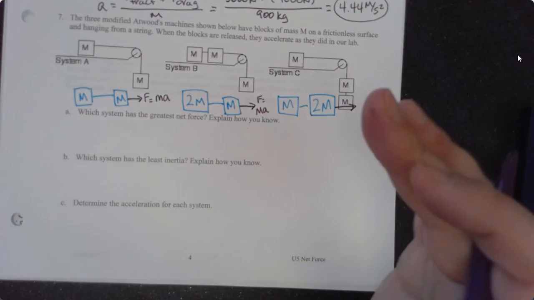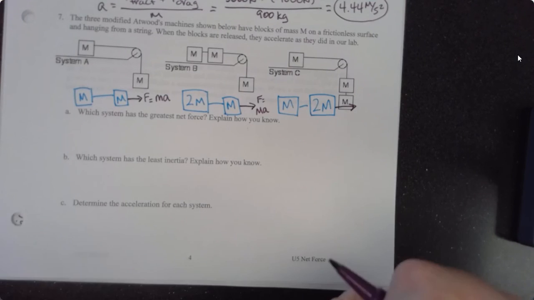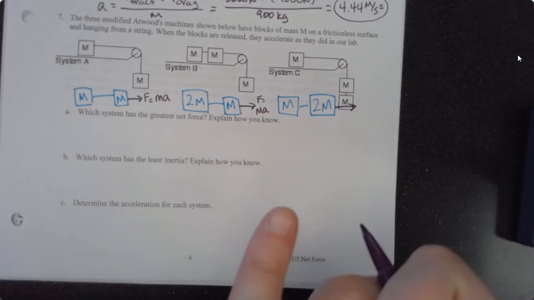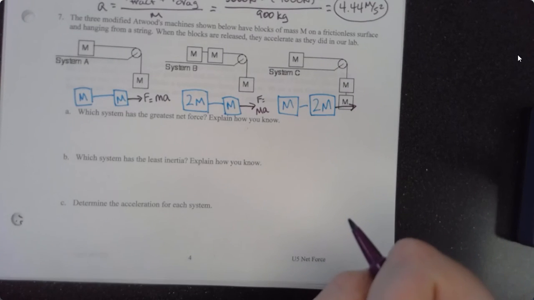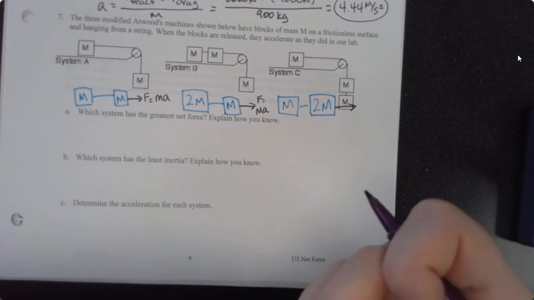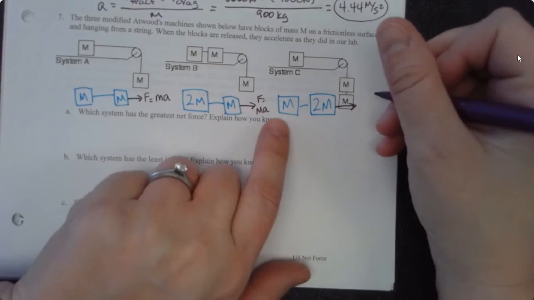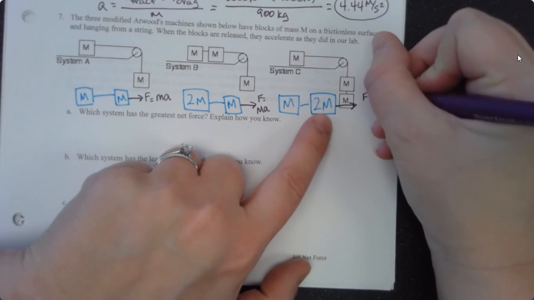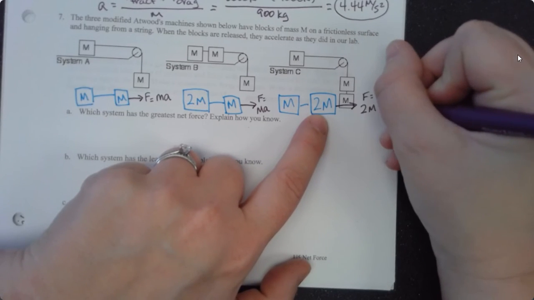Do you guys remember in your experiment when you hung more mass on the string, did your car go faster or slower or the same? It went faster, yeah. So now when we calculate our force, that's going to be equal to 2 times mass times acceleration.